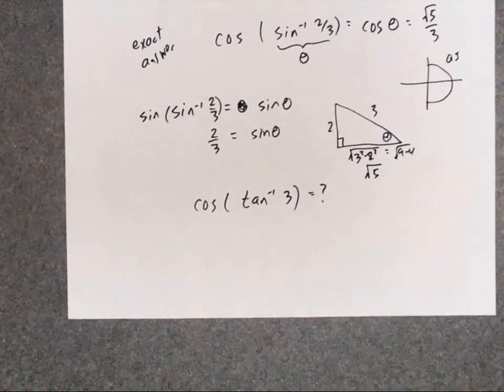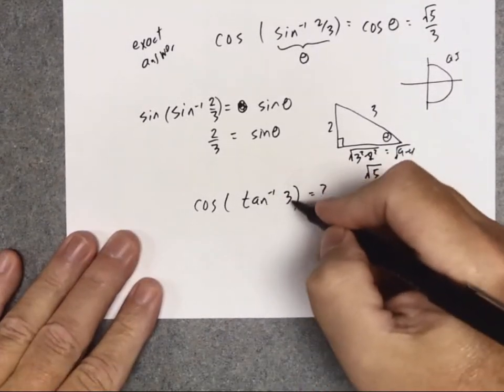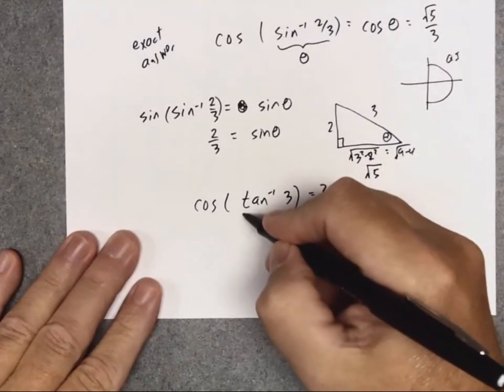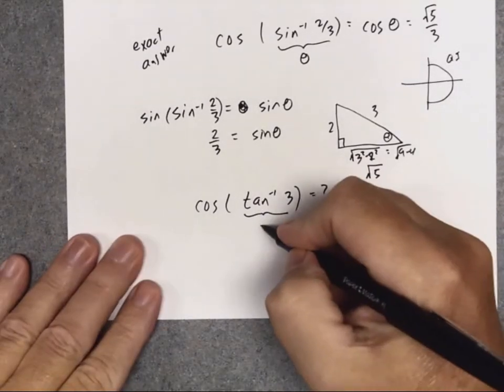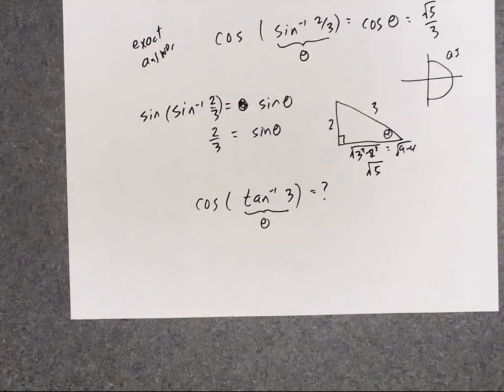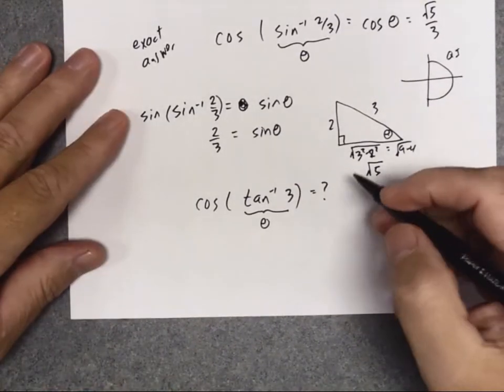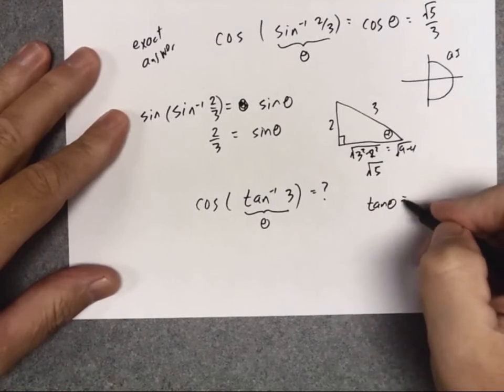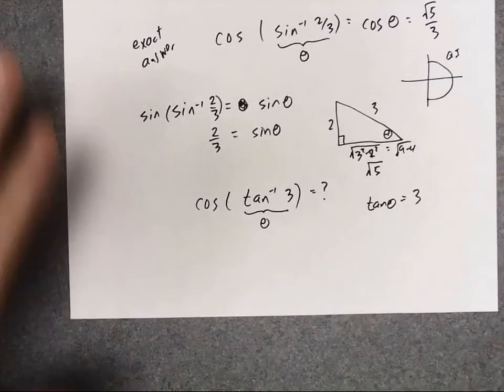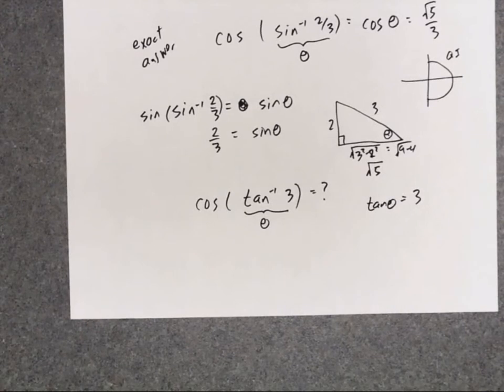Wow. This is not a special angle. I always tell myself the inverse tangent of 3 is actually an angle. Another way to write that is, really what I'm saying is, the tangent of theta equals 3.